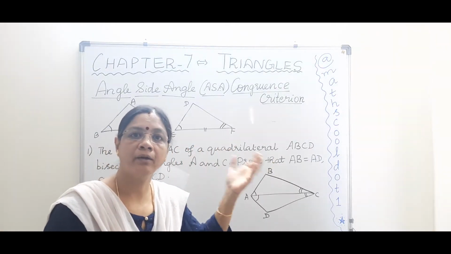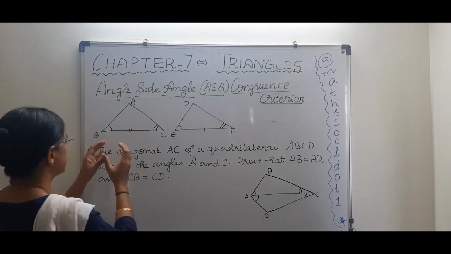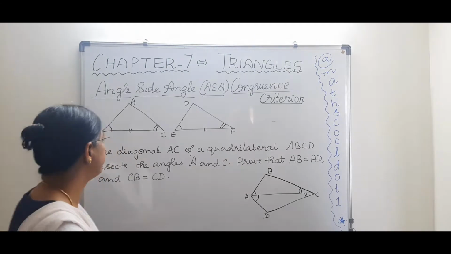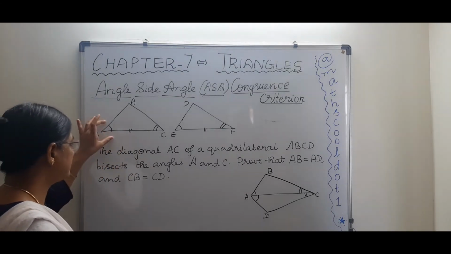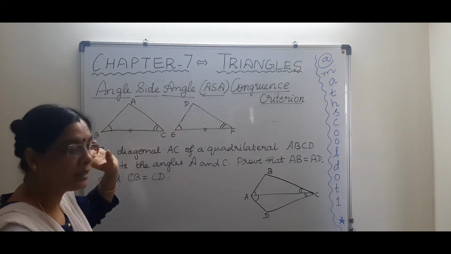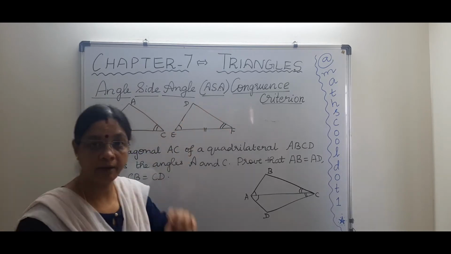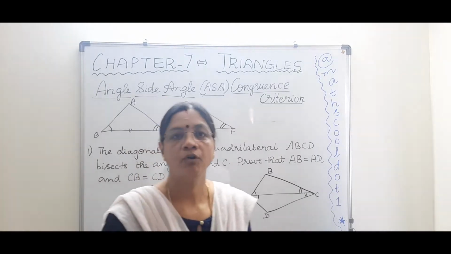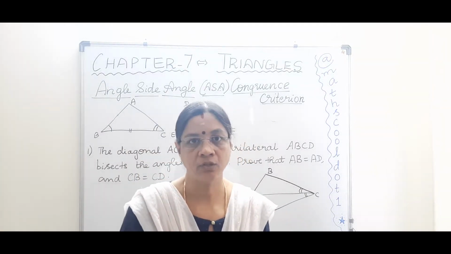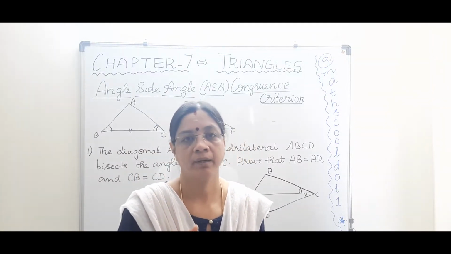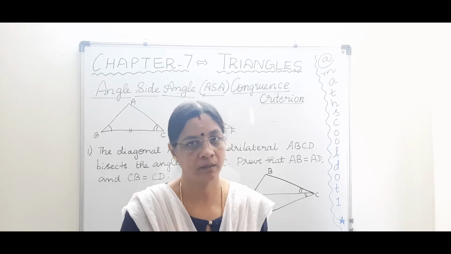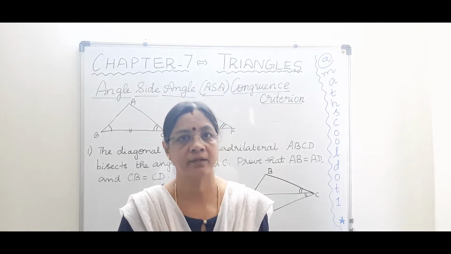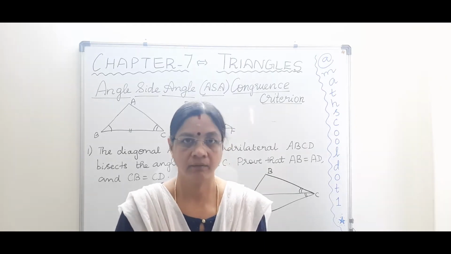So when we compare two triangles, for example, I have taken two triangles ABC and DEF, and we have angle B, angle E here, and angle C and angle F. So the corresponding angles, I have told you already, for two triangles to be congruent, we need to see the CPCT, that is, corresponding parts of the congruent triangles, isn't it? So there are 6 parts actually, three angles and 3 sides.